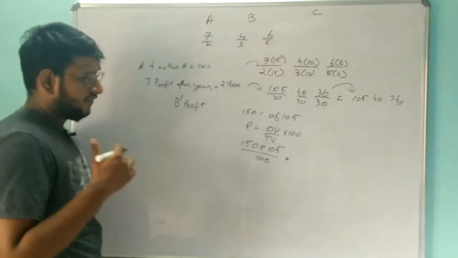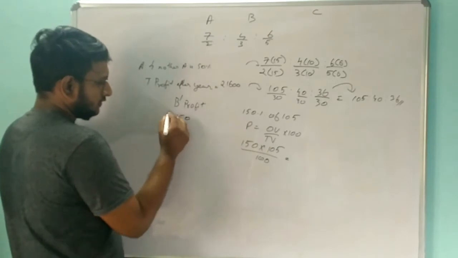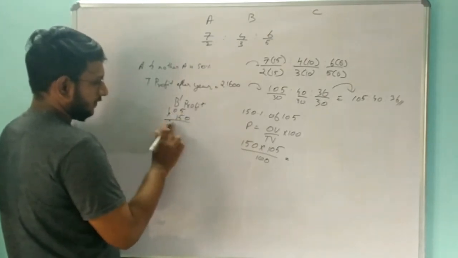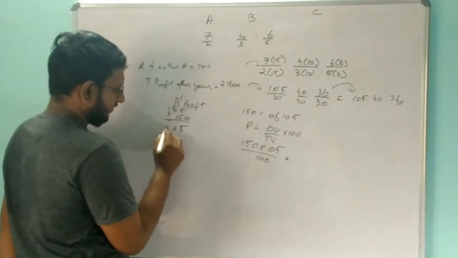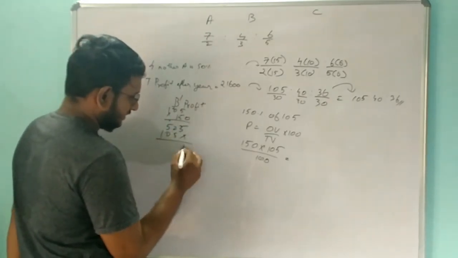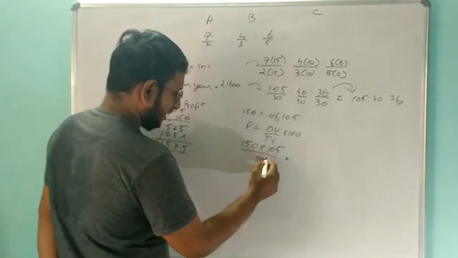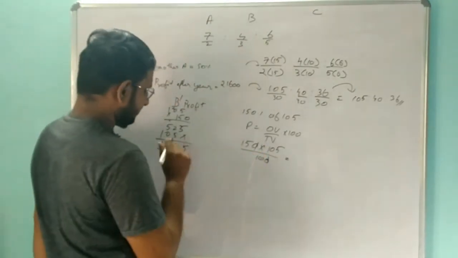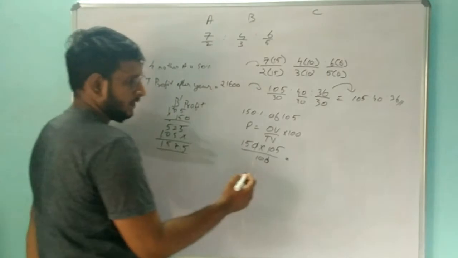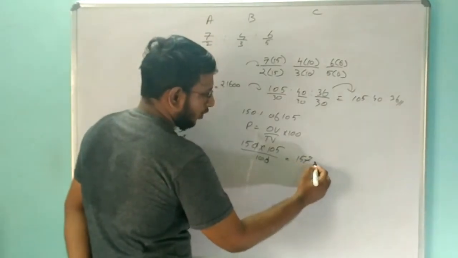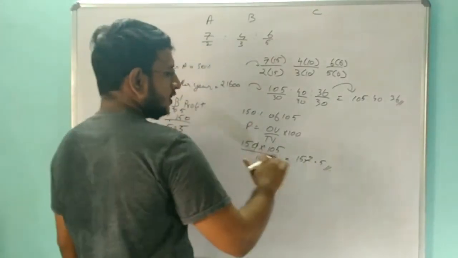So 150 into 105 by 100, which gives 15750 over 100, that is 157.5. So 150 percent of 105 is 157.5.